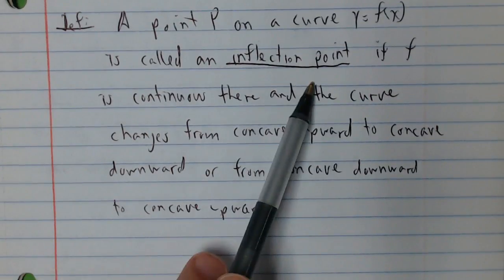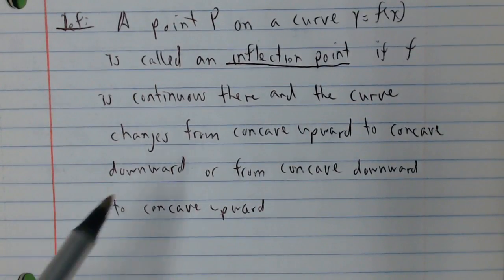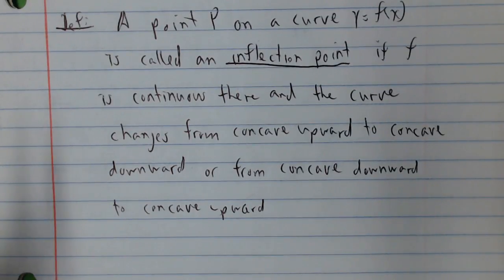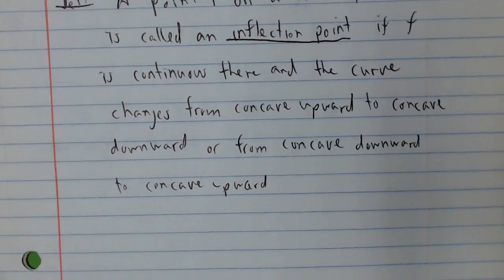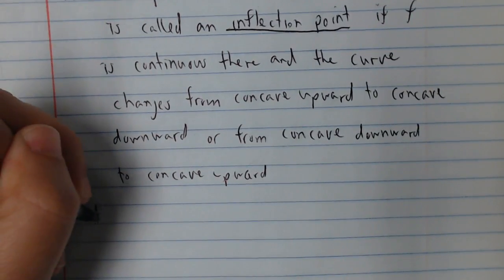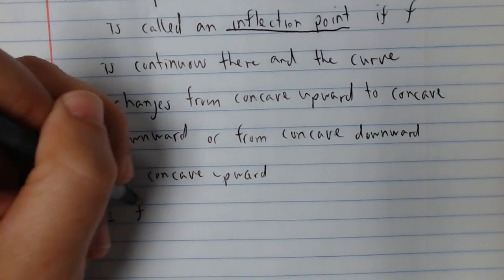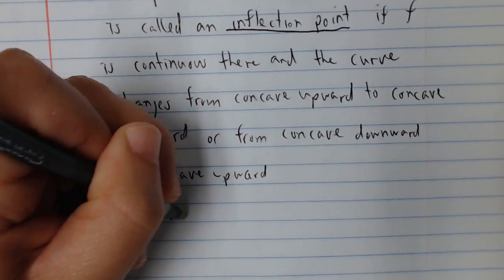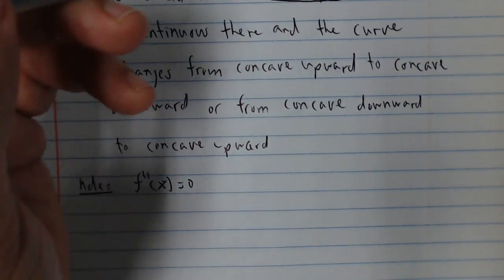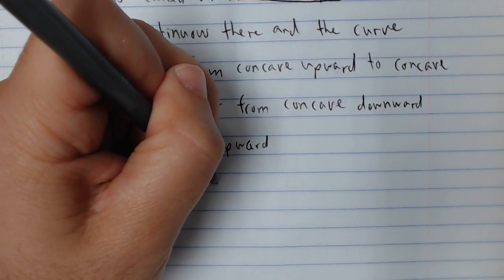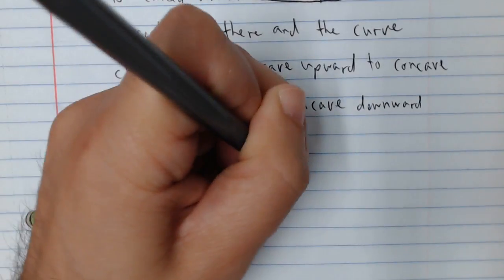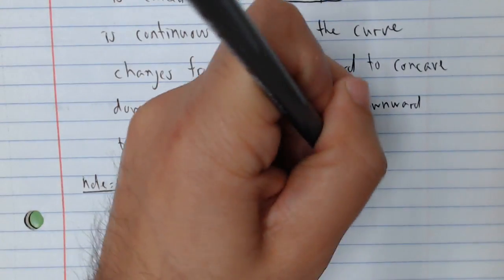Just because your second derivative is 0, we're not guaranteed that we have an inflection point there, but that's a potential inflection point. So let's make a comment of this here: f double prime of x equals 0 are potential inflection points.